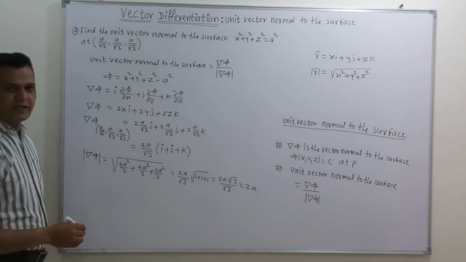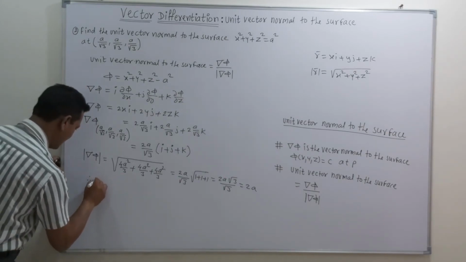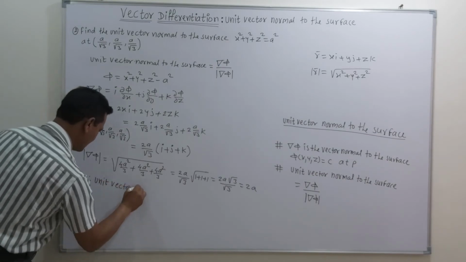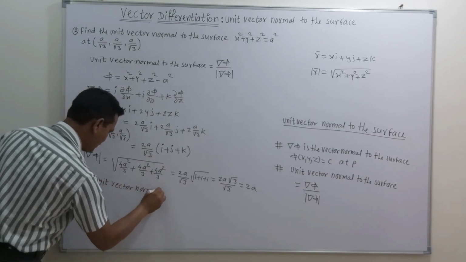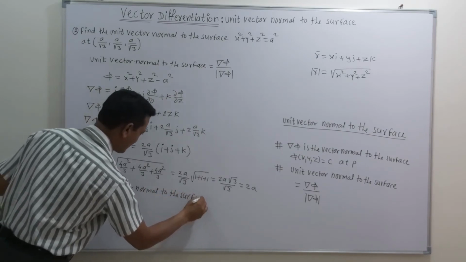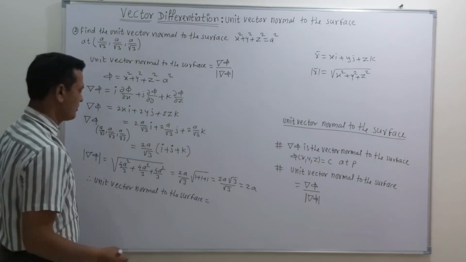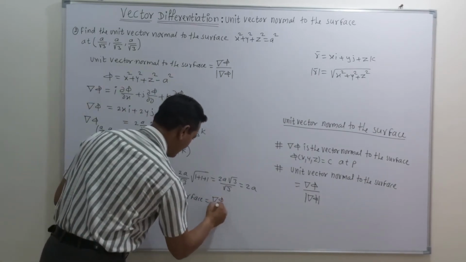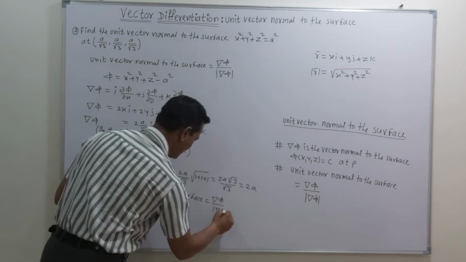Now this is the magnitude of del phi. So therefore we can write the unit vector normal to the surface, whose formula is del phi upon magnitude of del phi.